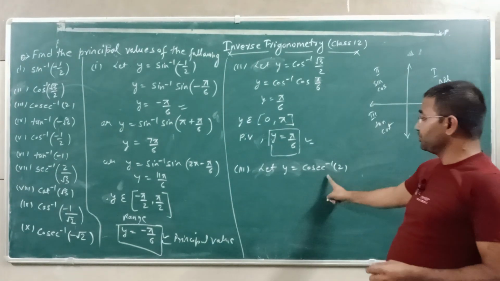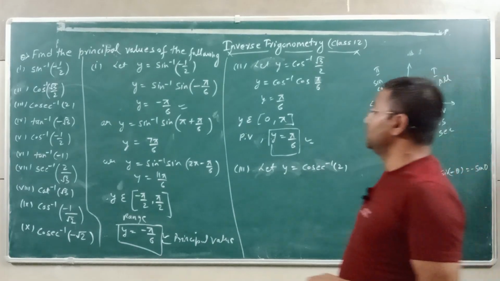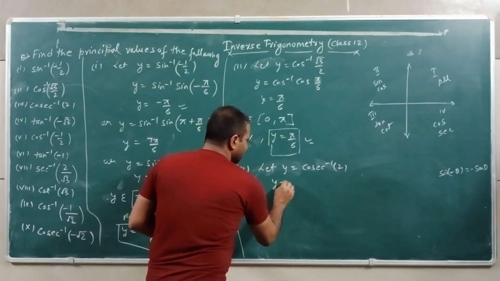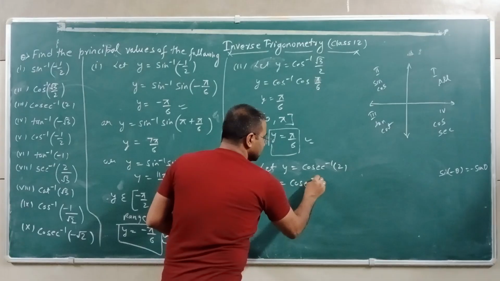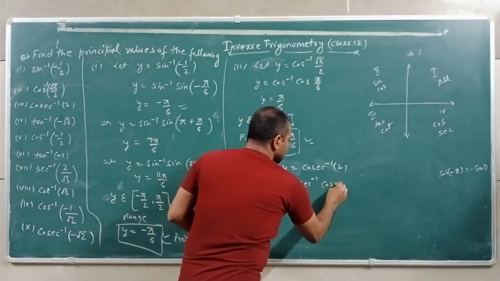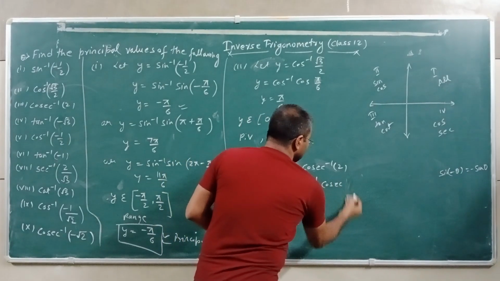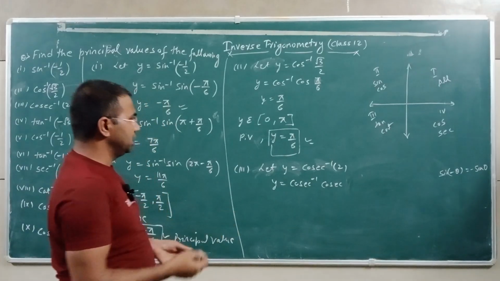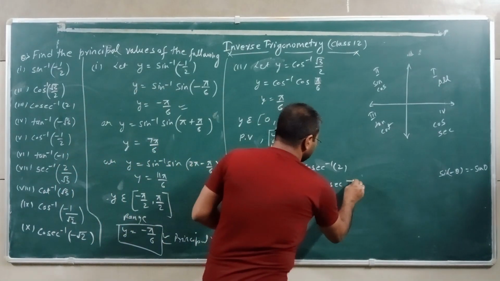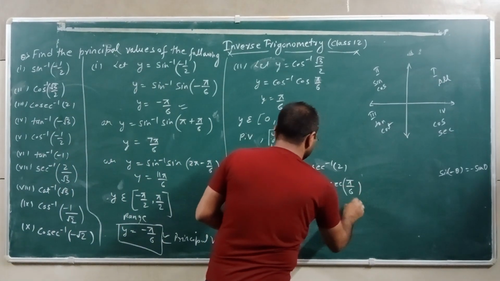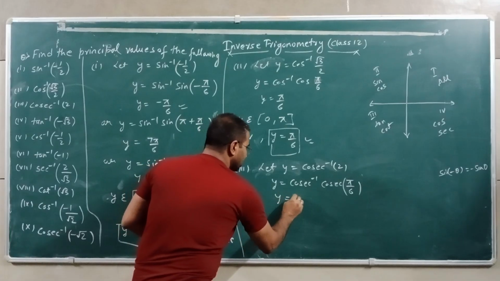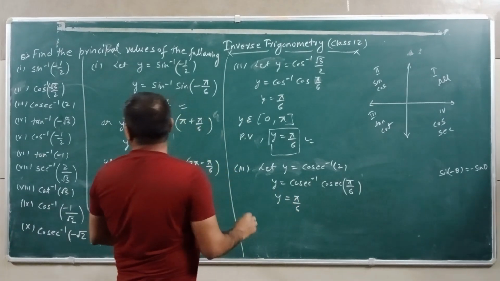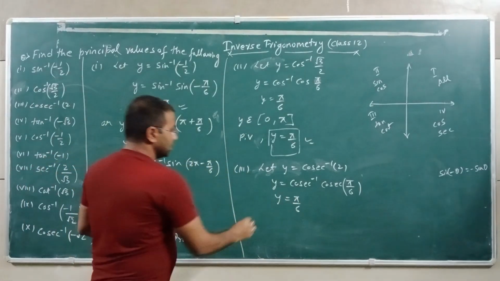Then cosec 30 you will get the value of 2. Then 30 can be written in radian form as pi upon 6. Then y will be pi upon 6.